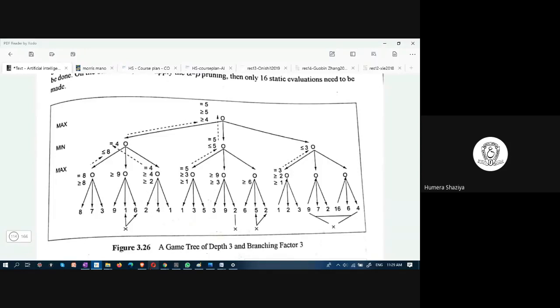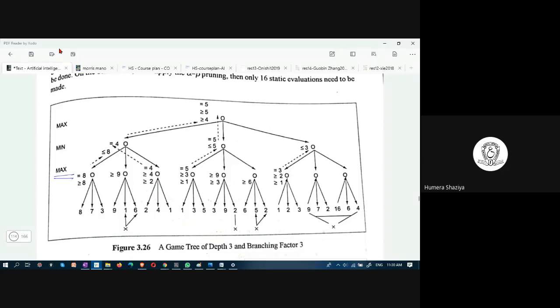The leftmost part of the tree. In the leftmost part of the tree, we see the level denotes max. Here there are leaf values which have already been assigned. For this max, out of 8, 7 and 3, what will be the lower bound?